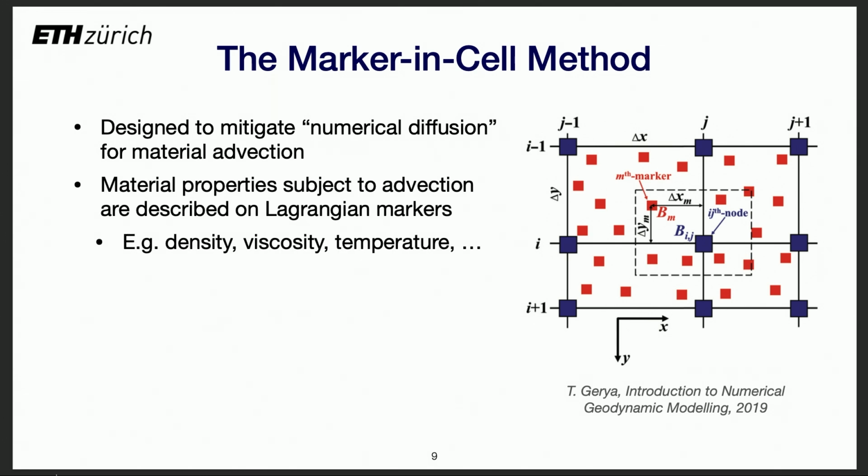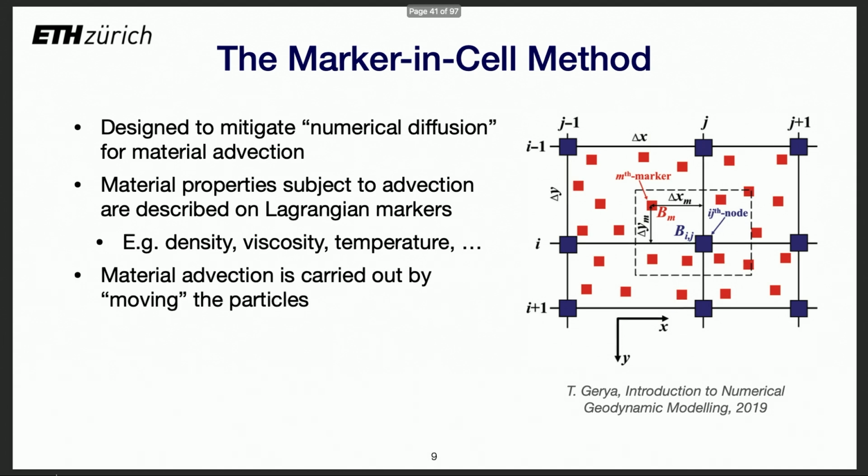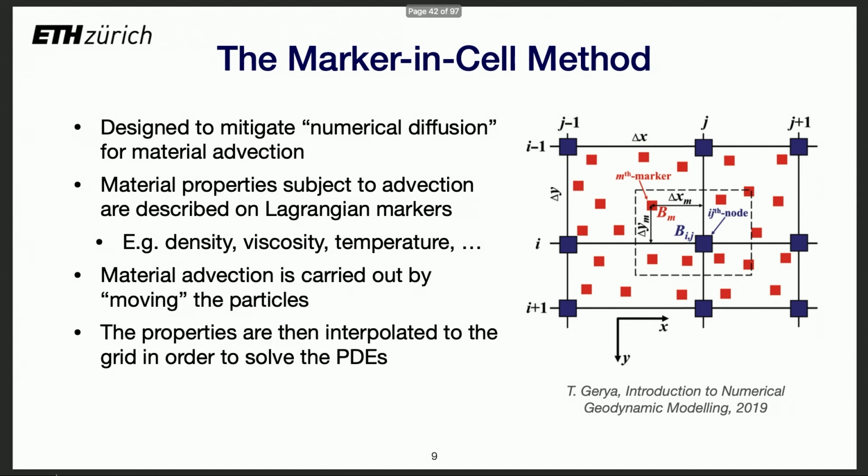And so, again, these material properties that are subject to advection are prescribed on these Lagrangian markers. So things like density, viscosity, temperature are moved around on these particles. And once you've moved these particles, you interpolate the properties back to your grid, and you solve your PDEs on this Eulerian grid.